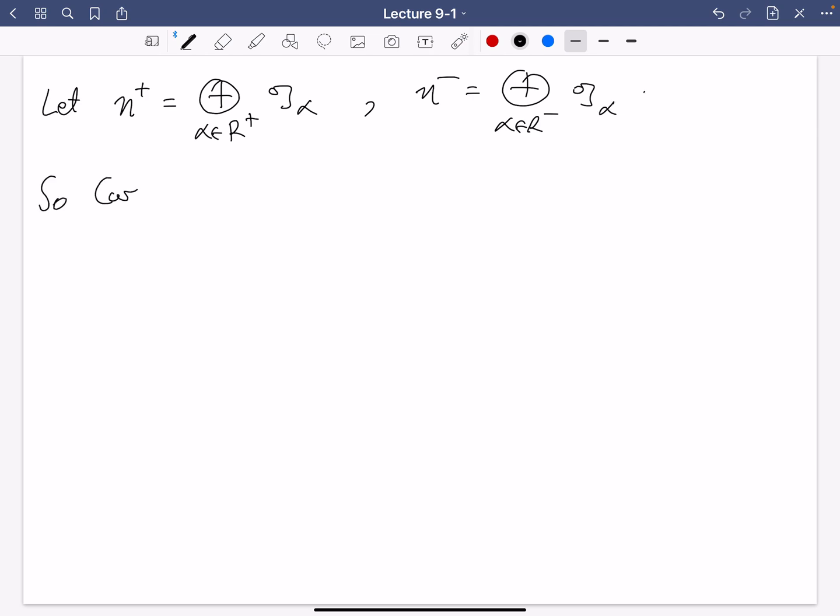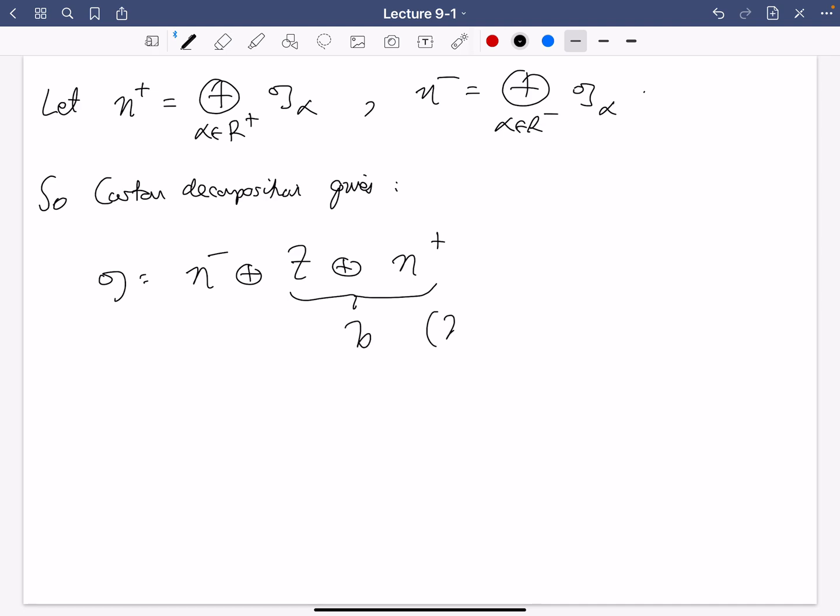So our Cartan decomposition actually gives us the following. G is n minus direct sum t direct sum n plus. And I'll usually denote this subspace, t direct sum n plus, by b. B here is for Borel.